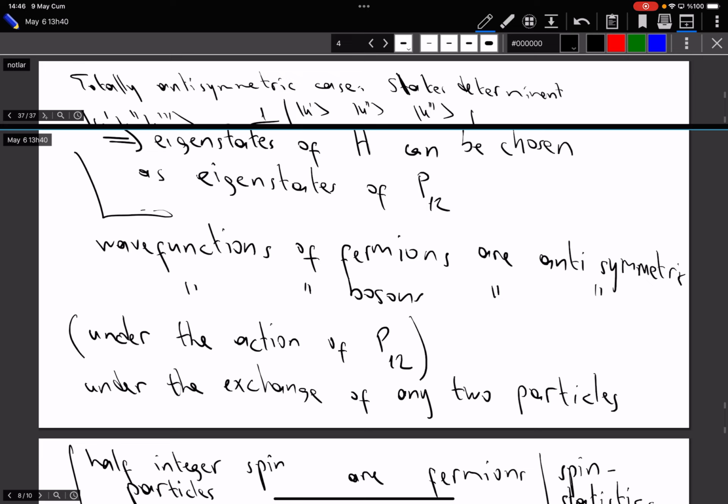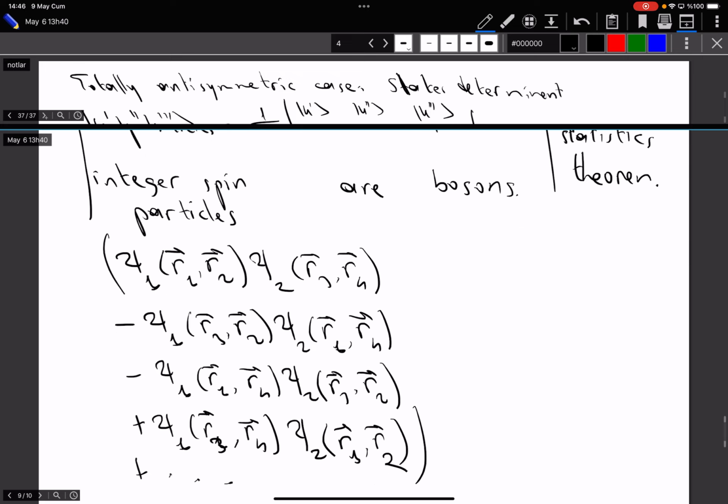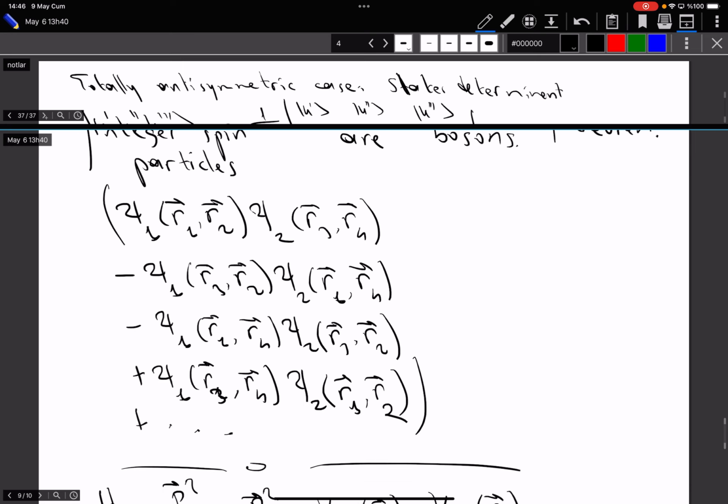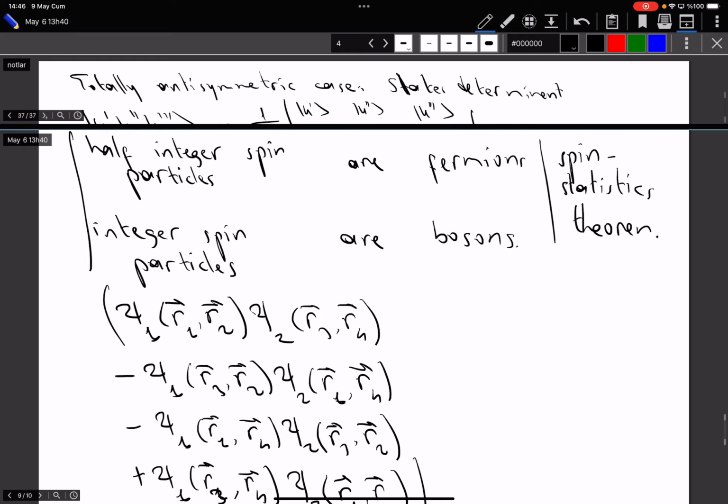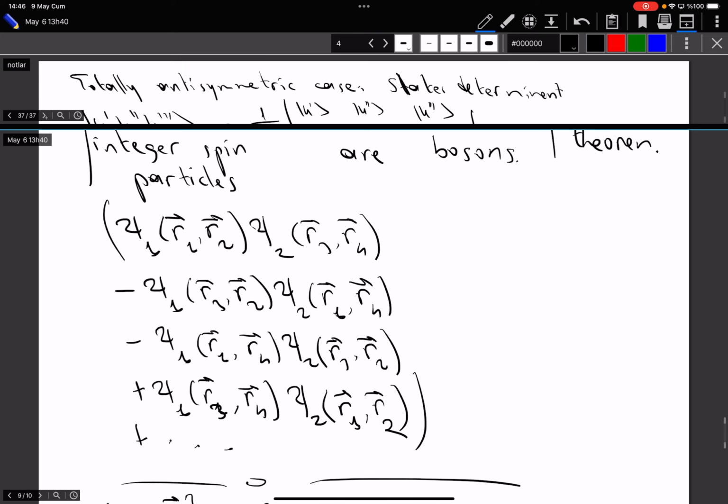And then we had an example over here. On Tuesday, I had forgotten to write some of the additional terms that should appear in the superposition. Now, this is a 4-electron system. You can group a 4-electron system into two pairs of electrons. Each pair of electrons is a boson, so you can talk about the wave function of the pair of electrons.